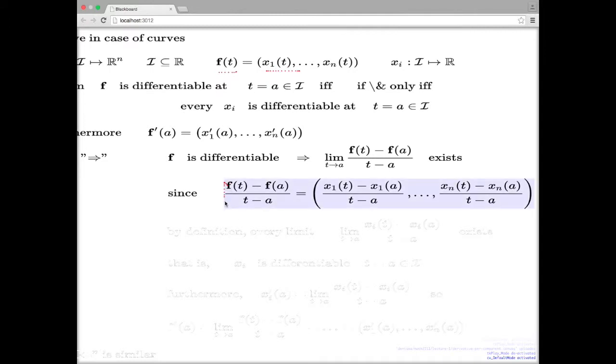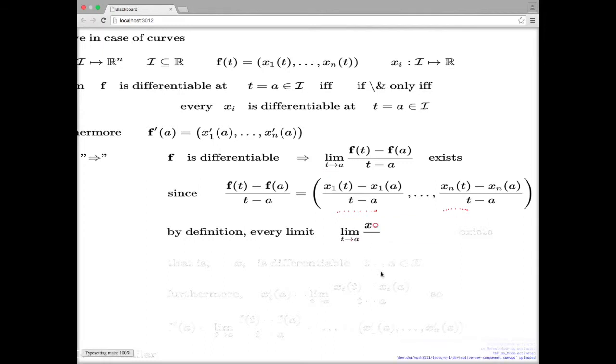So if I compute the quotient of this vector function, that will be the components of my quotient. By definition of the limit, remember we define the limit in a per component sense. So when we claim that something like this exists, it just means that every component limit exists.